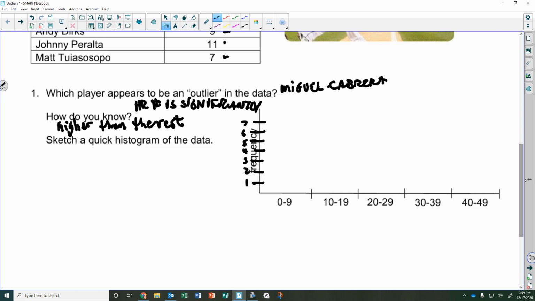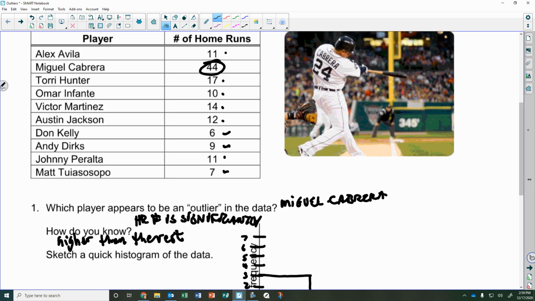And then from 10 to 19, we have 1, 2, 3, 4, 5, 6.